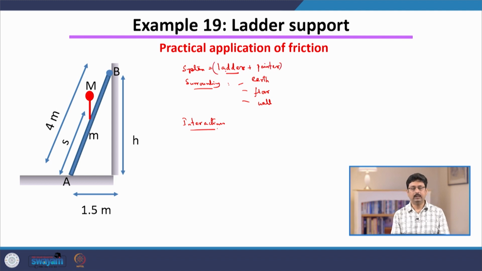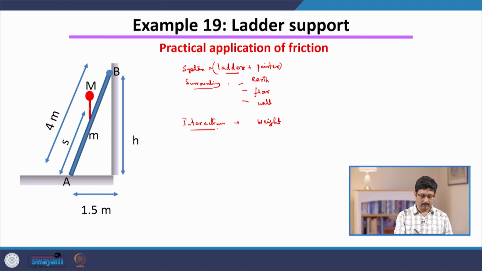This is our combined system of small m and capital M. The interactions on this combined system are the weight, the force due to the earth. Now, where is this force acting? For simplicity we represent this person by a line to indicate the line of action of the force, passing through the center of mass of the person.